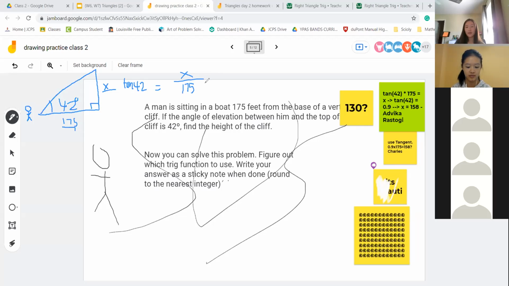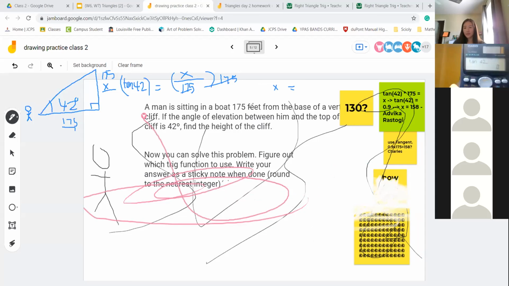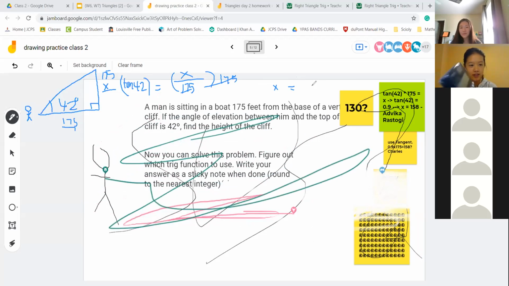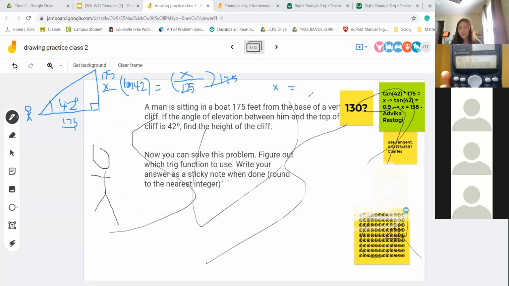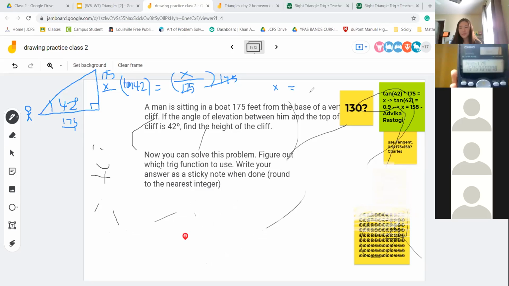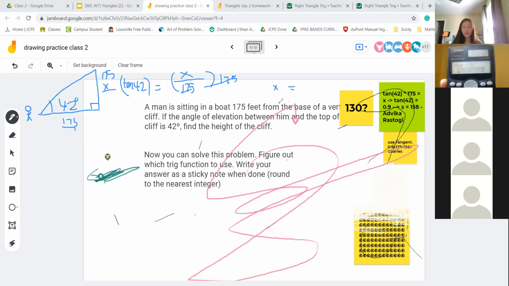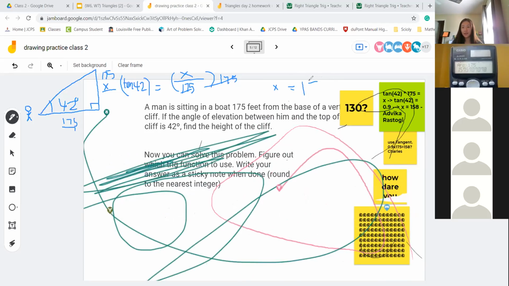Now I just use algebra, multiply both sides by 175. Now x is something that I didn't solve yet, but Amy did. Multiply by 175 to get, is that right? Yep, 157.57, something like that. So to the nearest integer, it would be 158.